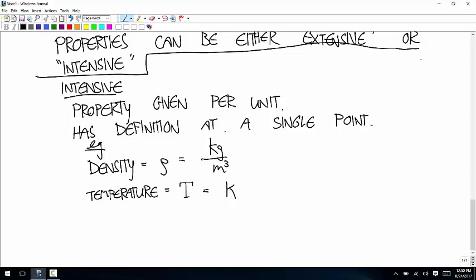We're dividing the mass by the volume. Temperature is not so obviously clear, but you might remember from Physics 1, if you got to any of this stuff towards the end, that from the temperature, you can calculate the average kinetic energy of a molecule. I don't know how many of you got to that in Physics 1. But in a sense, temperature is like a measurement per molecule, per particle. Okay. Pressure is another one.